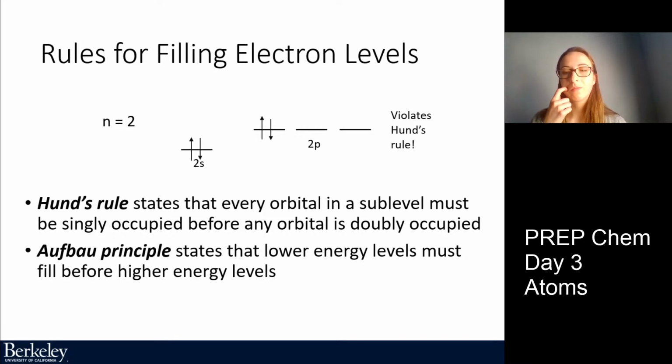To summarize, Hund's rule has to do with what is happening within an energy level. So once we're within 2p, what order do we put electrons in orbitals? While the Aufbau principle has to do with differences between energy levels. So when do we go to 2s versus 2p? Right, exactly.